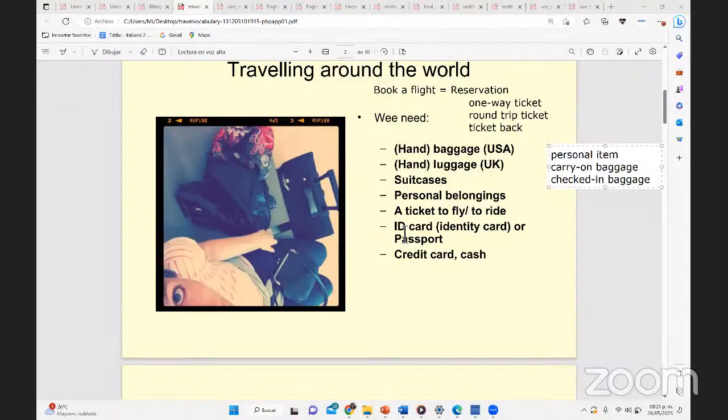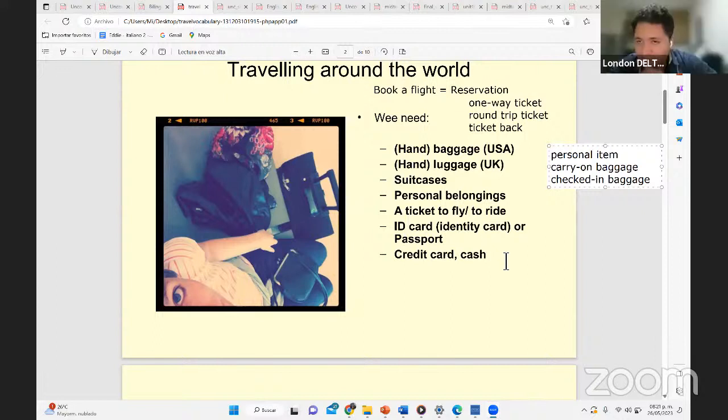Teacher, how do you share only bag, una mochila? ¿Sería carry-on baggage? Okay, no. Normalmente con qué tipo de equipaje viaja?